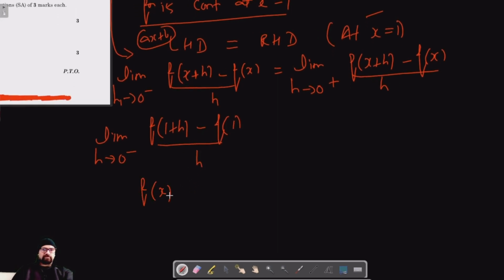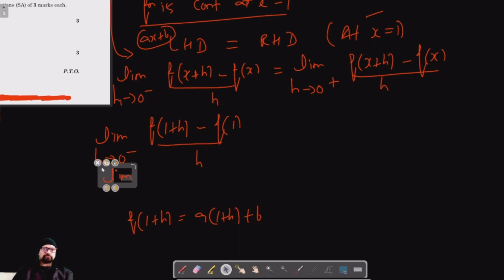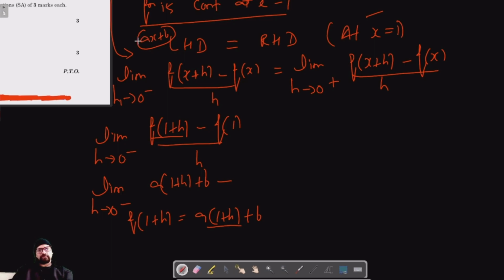So the function for the left hand derivative is ax plus b, and f of 1 plus h will be equal to a into 1 plus h plus b. So the limit h tends to 0 negative, f of 1 plus h is a into 1 plus h plus b, and f of 1 is a plus b, upon h.